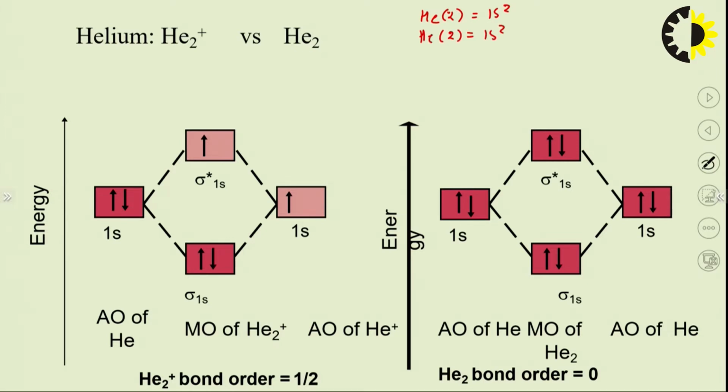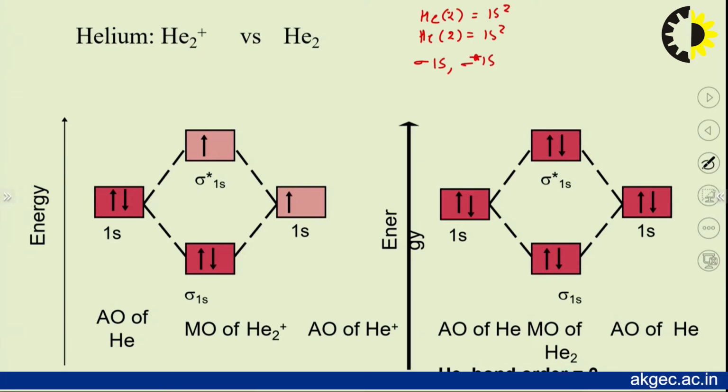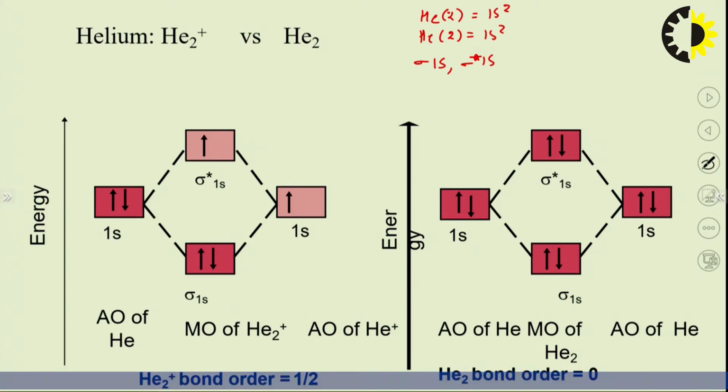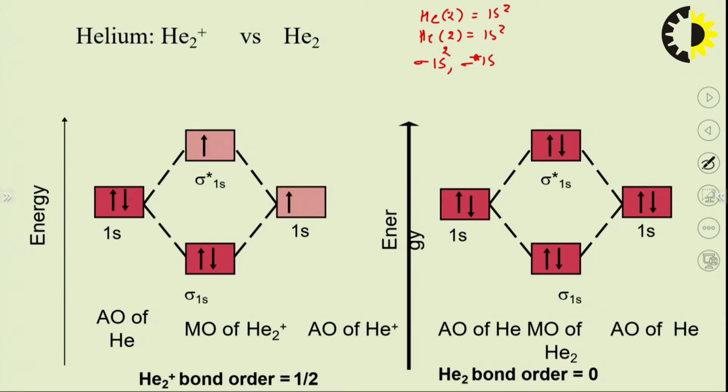When these two overlap, a sigma bond will form, and one bonding molecular orbital and one anti-bonding molecular orbital will form, and the total number of electrons is 4. So 2 here, 2 here. That's why the molecular orbital configuration is sigma 1s2 and sigma star 1s2.